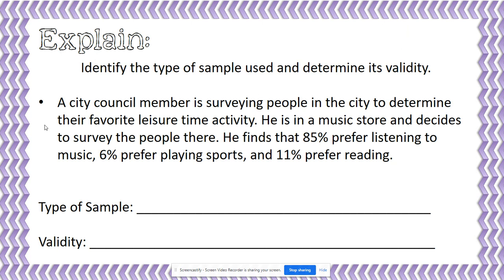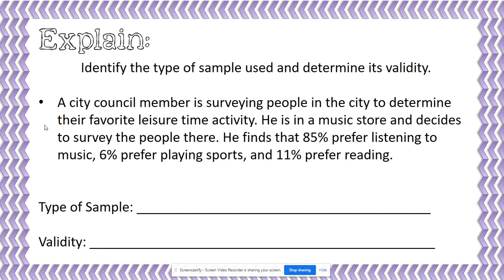I also noticed that in the conclusions, he finds that 85% of the people prefer listening to music. Well, this is not necessarily true about everyone in the city, but it would definitely probably be true for people who are at a music store.